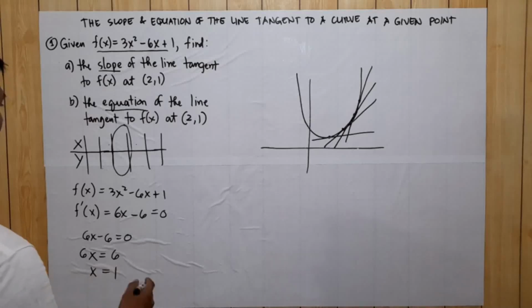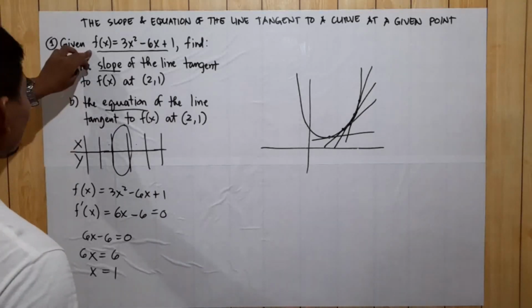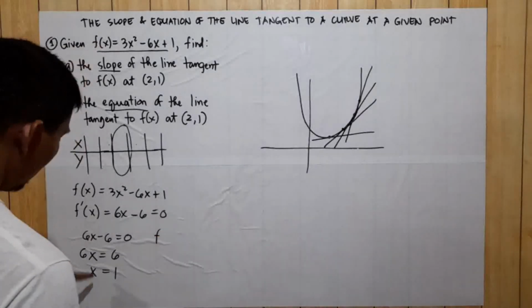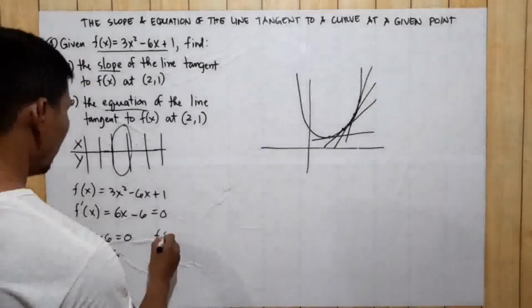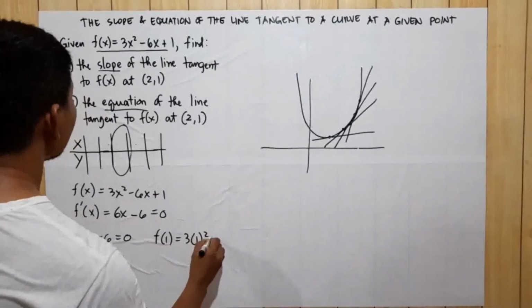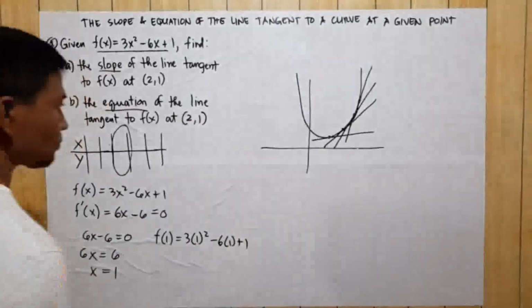Ngayon, yung pinakaunang pair po natin ay meron tayong x-coordinate na 1. Ano naman po yung pair niya na y? Using the original equation na binibigay, substituting 1 to x, we have f of 1 equals 3 times 1 squared minus 6 times 1 plus 1.